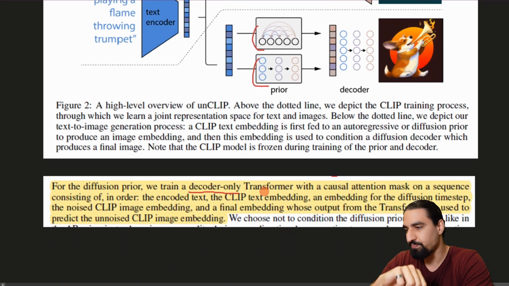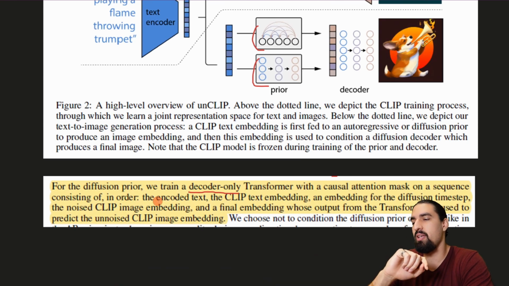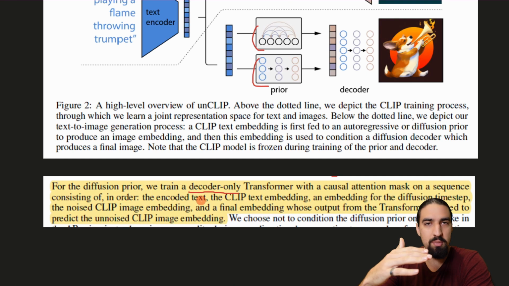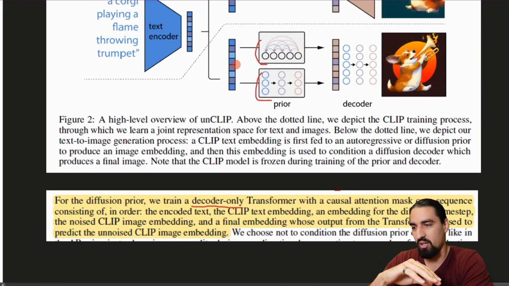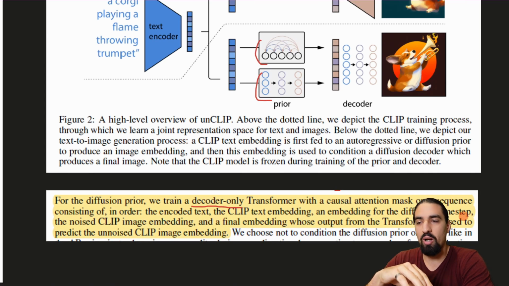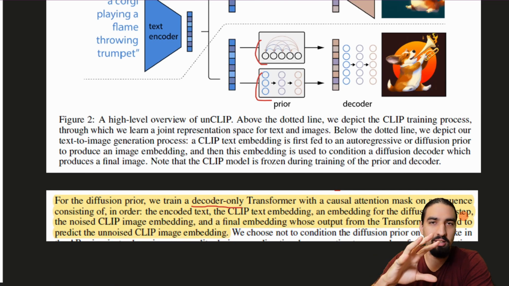Okay, so let's continue now. We train a decoder-only transformer with a causal attention mask on a sequence consisting of, in order, the encoded text, so the BPE encoded text, the CLIP text embedding, which is this thing here, and an embedding for the diffusion time step. Again, that's just the T embedded into some multi-dimensional space.